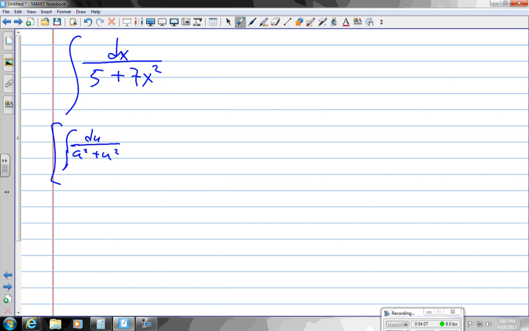So what is a in this case? Square root of 5. And what is u? Square root of 7x. So when I make that substitution, the only thing I need to solve for is dx. So du is just square root of 7 dx, so dx equals 1 over square root of 7 du. Okay, so that's what I'm going to be missing.